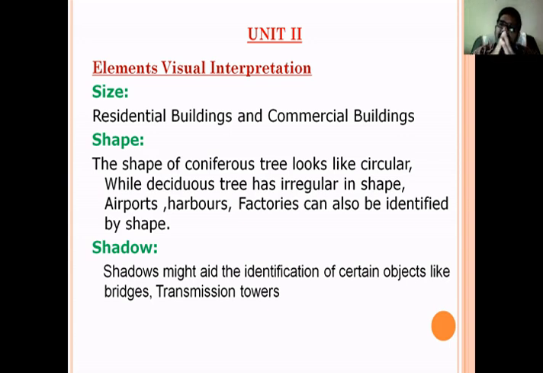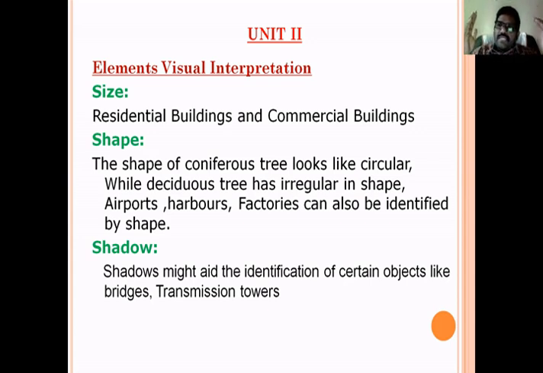What are those elements? The first parameter is size. When the interpreter is analyzing the data, who has the domain knowledge and a handful of experience, before processing the data itself, by seeing the objects that exist in the film or else in the information or in the data, you can easily interpret.